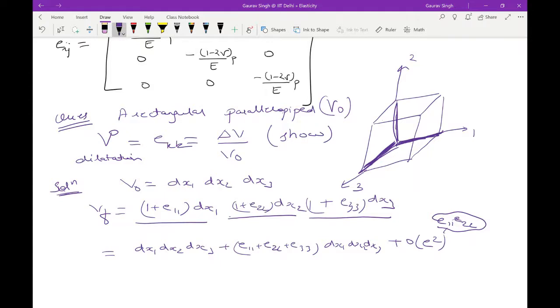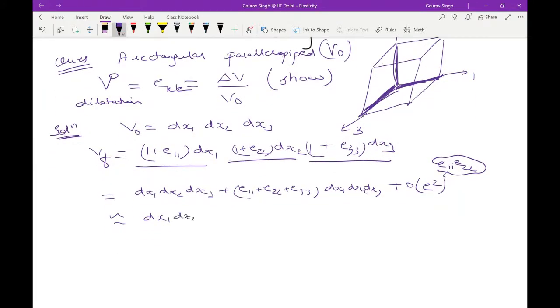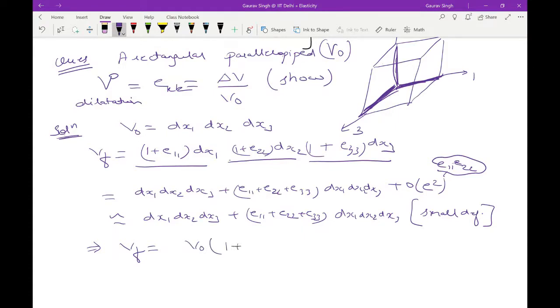So we are writing it as higher order terms. This we can approximate as dx1 dx2 dx3 plus (e11 plus e22 plus e33) dx1 dx2 dx3 because of small deformation. So the higher order terms can be removed because the strains are assumed to be small, and this would imply that Vf is equal to V naught into (1 plus e_kk).